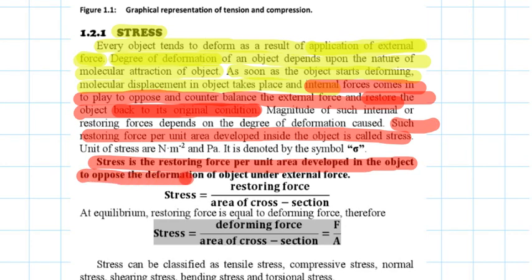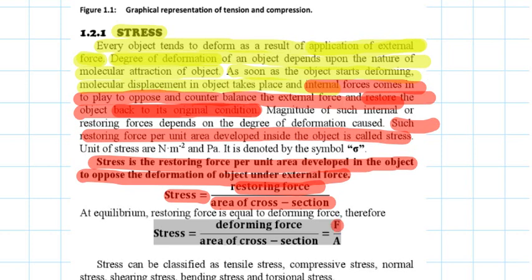And we can write the equation for the stress as stress equal to restoring force divided by cross-sectional area. So that will be force per unit area. The unit of force is Newton, and the unit of area is meter square.